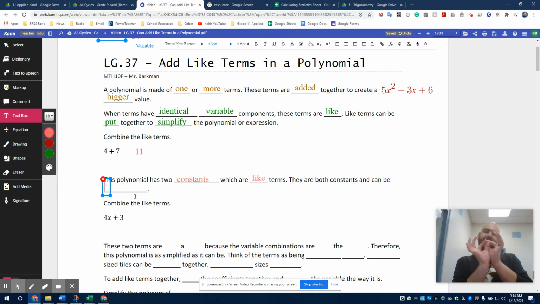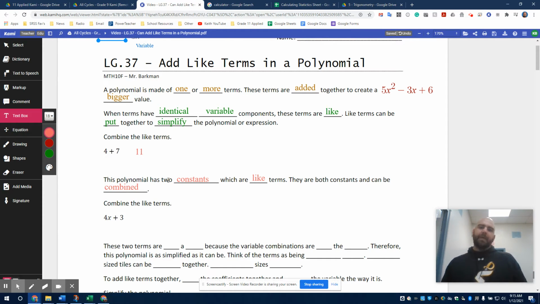They're the same size block if we break them into algebra tiles. They are both constants, and they can be combined to create a simplified term in this polynomial. Instead of having 2 constants, now we just have 1, and it still means the exact same thing.